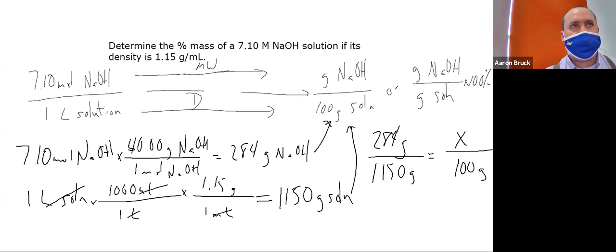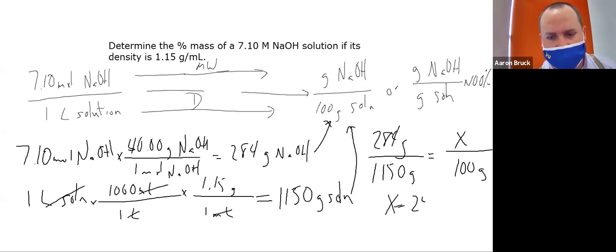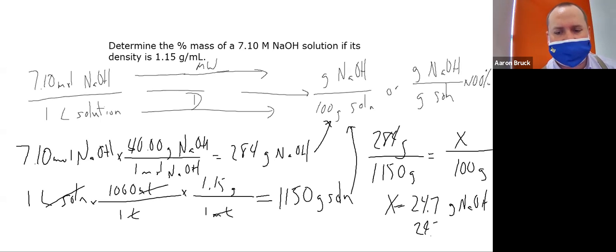I'd end up with 284 times 100 over 1150. To 3 significant figures, that'd be 24.7 grams of NaOH, which would mean it's 24.7% NaOH. Like I said, I can do that. That would be one way to solve it.